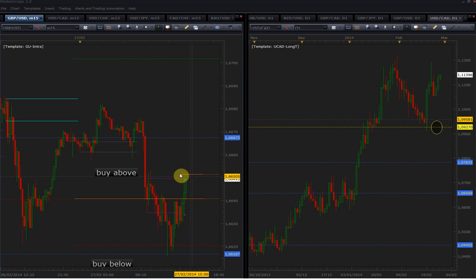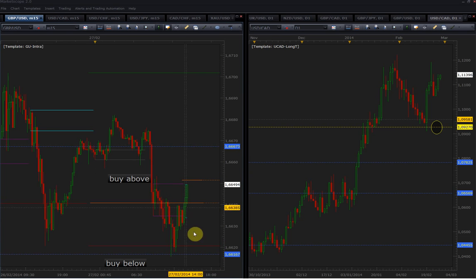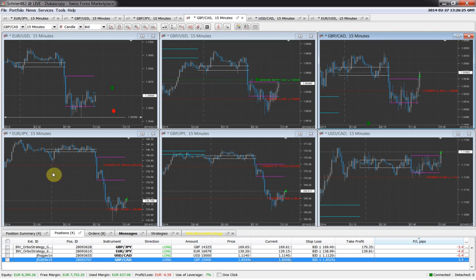On pound dollar, we will buy above. Okay. We have a nice retest here to this level. So now news in 4 minutes, guys. Let's see what happens.